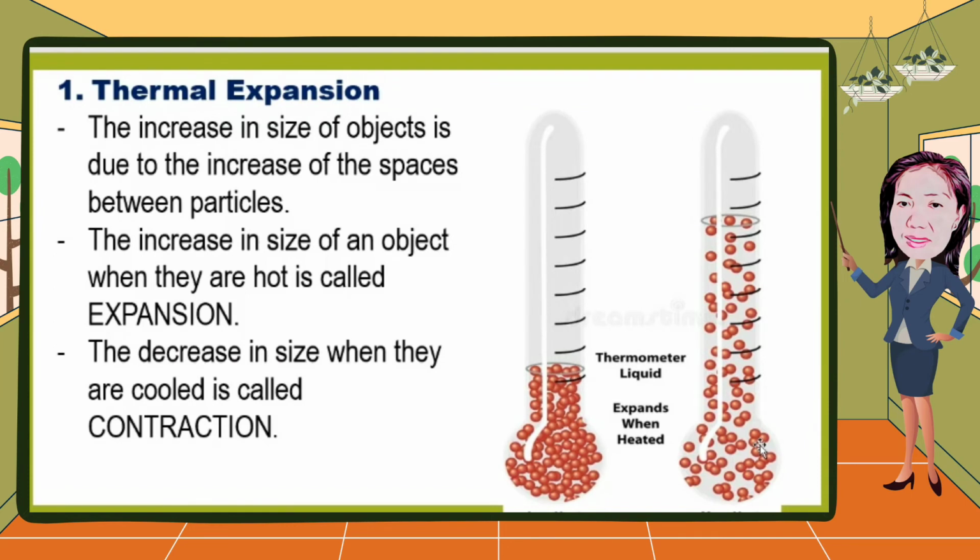And the decrease in size when they are cooled is what we call as contraction. Okay, expansion when there is an increase in volume and size, and then contraction if there is a decrease in volume or in size. So, kailan mag-expand? Pag ma-expose sa greater temperature. Kailan mag-contract? When exposed to a lesser temperature.